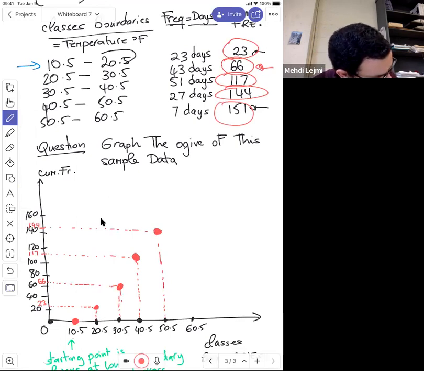151 is, of course, larger than 144, so it's going to be somewhere here, and this is 60.5. So we're going to go up to 151, and I'm going to plot my cumulative frequency right here.